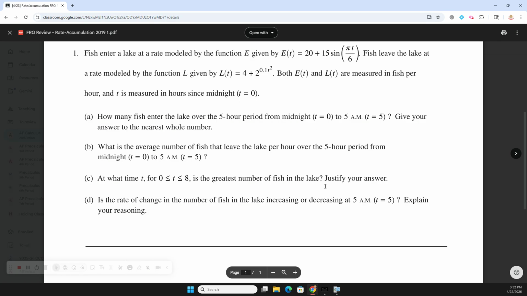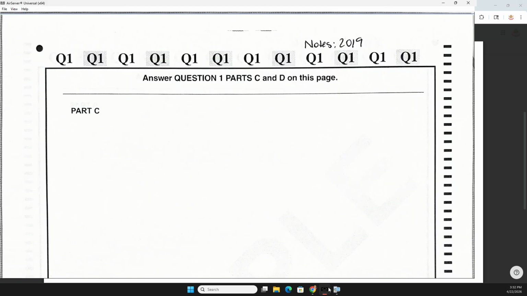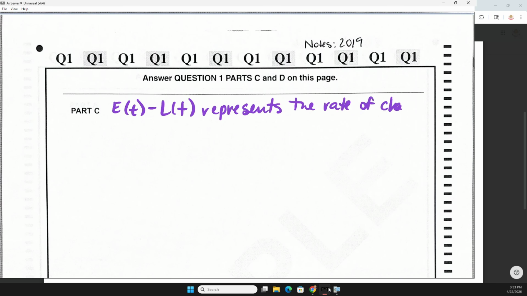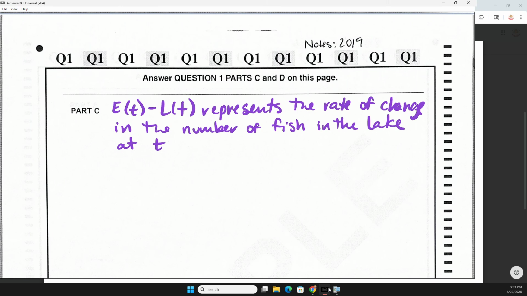We want to know when the greatest number of fish are in the lake. And so what we need to make a note of for the people reading our exam is that E of t minus L of t represents the rate of change in the number of fish in the lake at time t.